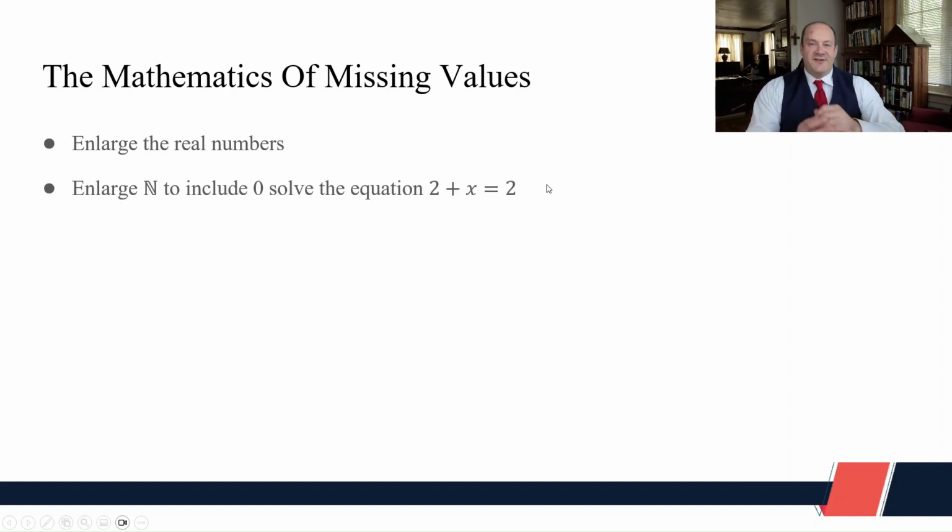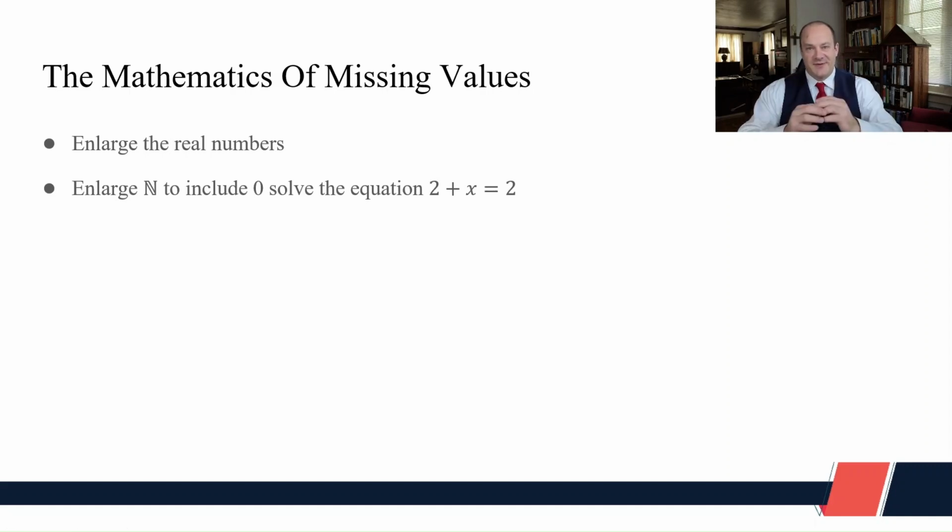So realize that when you think about just the counting numbers, 1, 2, 3, 4, 5, and so on, we realized long ago that that was insufficient for our conceptual needs as humans. We kind of needed some other number to demonstrate absence. That would be the real life interpretation of 0.